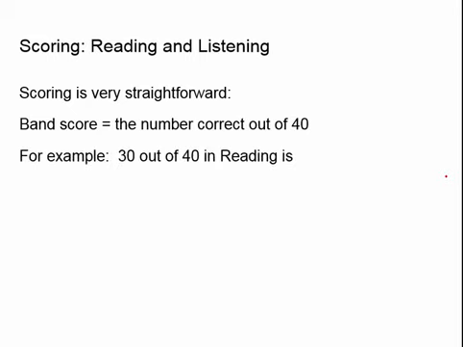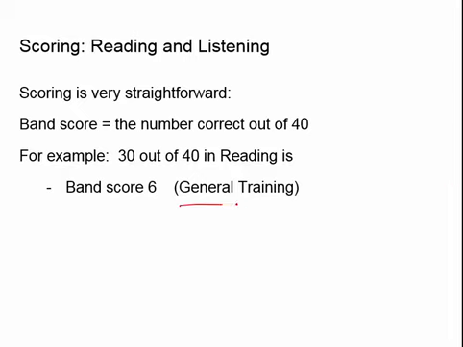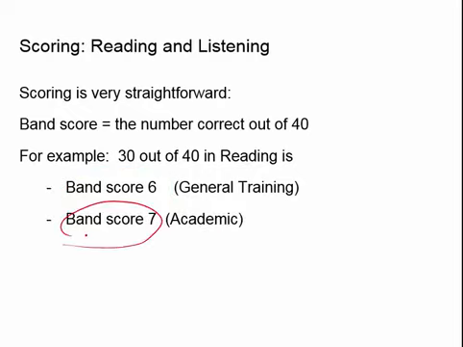So for example, if you get 30 out of 40 correct in reading, if you're taking the general training exam, that means you'll get a band score of 6. For the academic reading section, getting 30 out of 40 means you get a band score of 7.